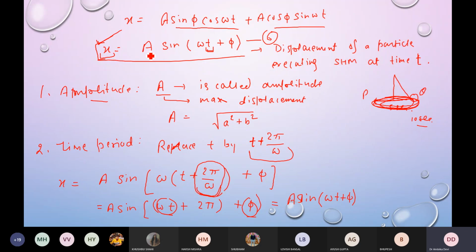By using the displacement and this solution, we talked about the amplitude, the time period, the frequency, phase, velocity, and acceleration, right? So amplitude is a is equal to this one. Time period is 2 pi upon omega, by which the motion is being repeated periodically.